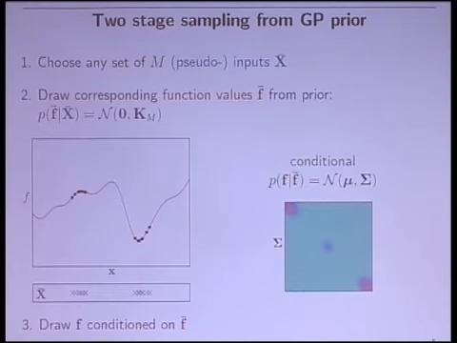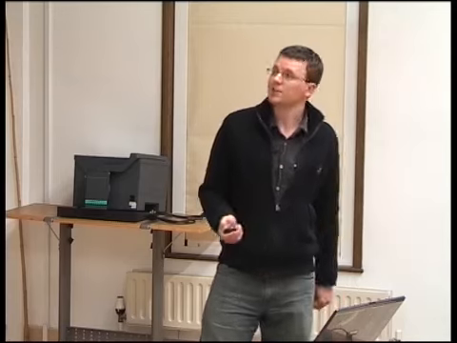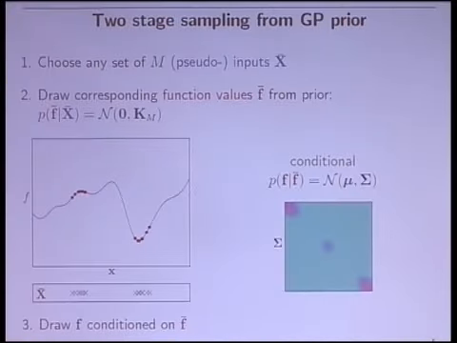To derive this, I'm going to first talk about a particular generative view of a Gaussian process prior. And that's a two-stage sampling process. So the idea is you pick some small set of m we call pseudo-inputs, because they don't have to be real data inputs. They're just parameters.